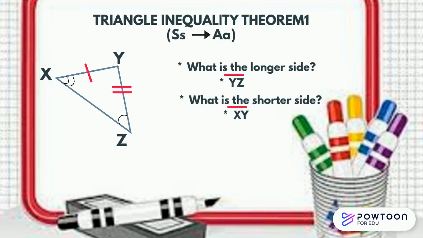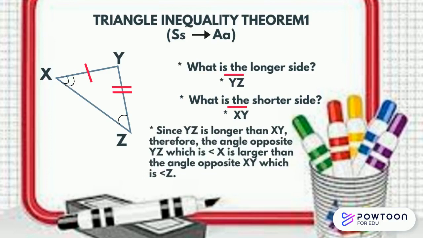Our conclusion would be, since YZ is longer than XY, therefore, the angle opposite to YZ, which is angle X, is larger than the angle opposite XY, which is angle Z. In symbols, that is, angle X is larger than angle Z.